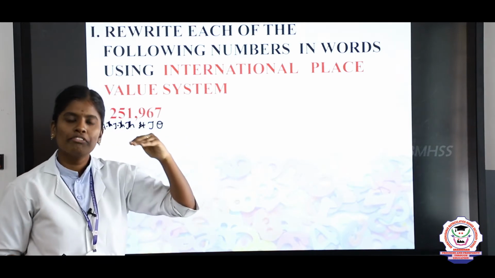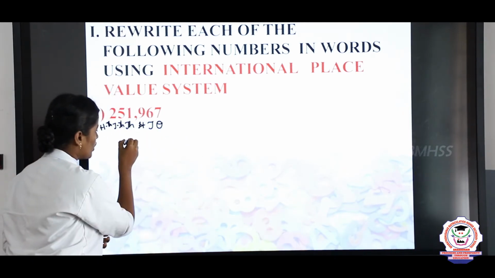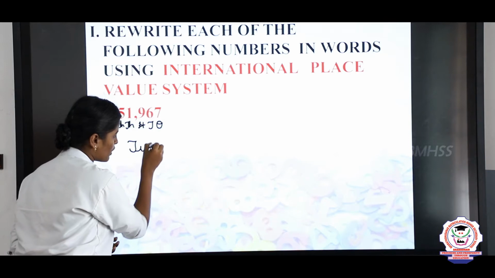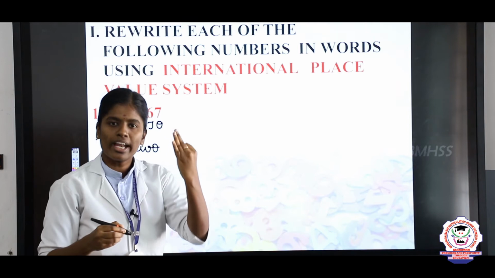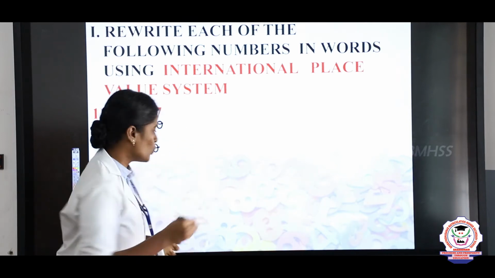251,967. 200: TWO, and 100, what is the spelling of hundred? HUNDRED. 200.